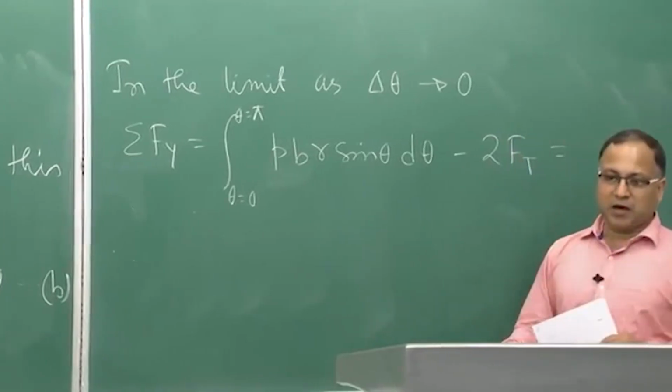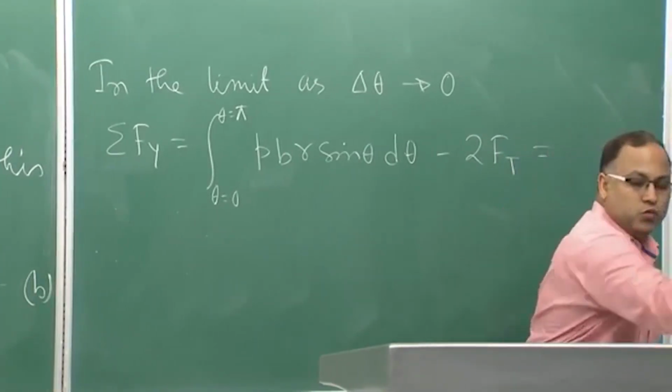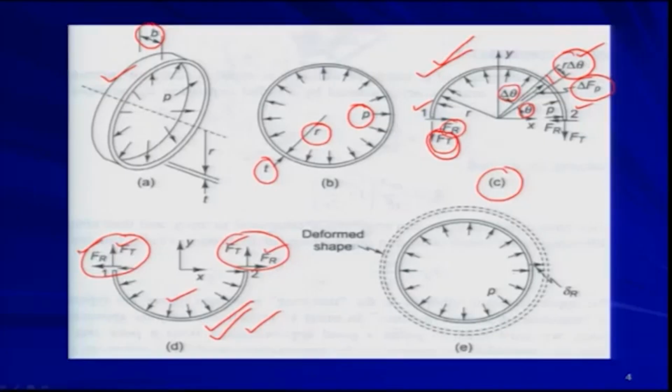If you look at the upper half, so there are two, this side you have Ft, this side also you have Ft. So, 2 Ft will be balanced by the y component of your radial force, right.